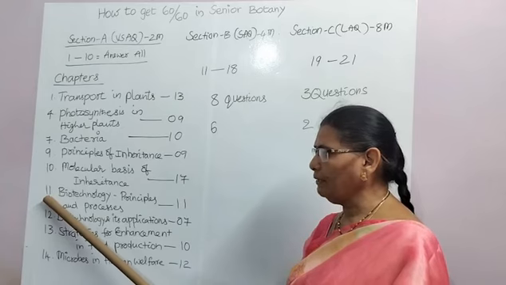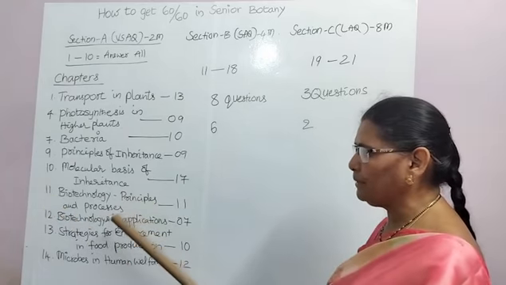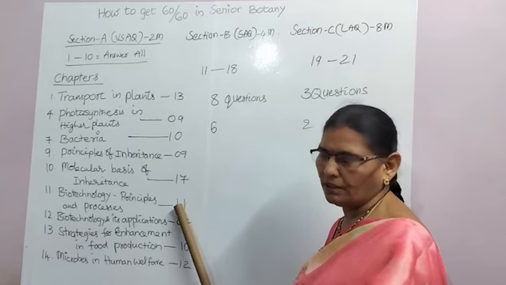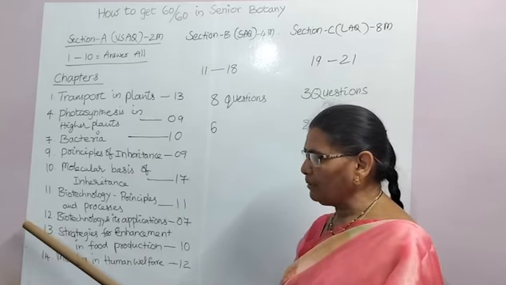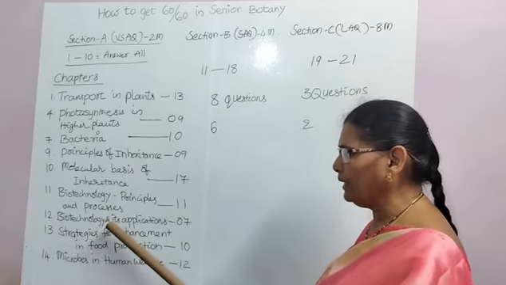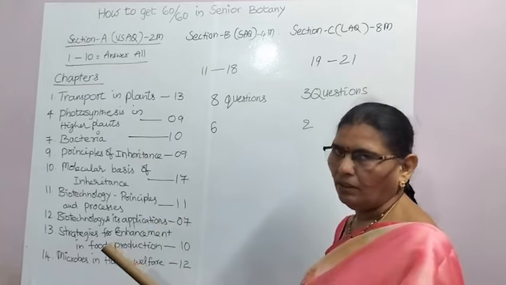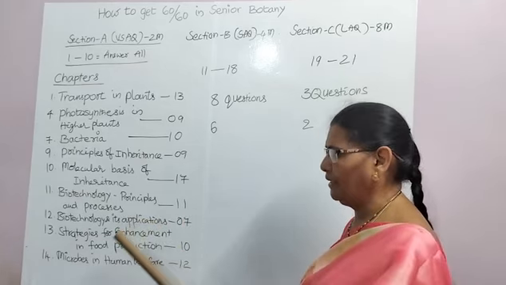Next, chapter 11, Biotechnology Principles and Processes. There are 11 questions. And next, chapter 12, Biotechnology and its Applications. There are only 7 questions. You have 1 question from these 7.